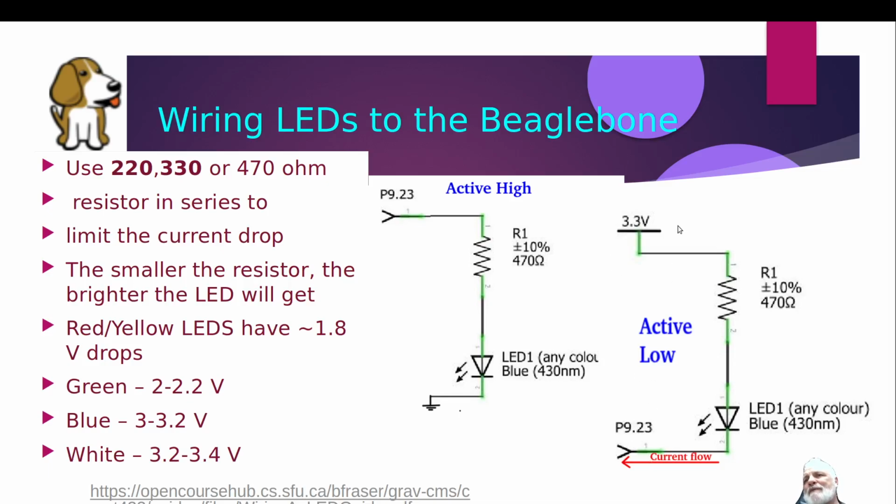They're the same, so there's no current flow. Right? To have current flow, you have to have a difference of voltage. So if I just wired this to 3.3, and then the pin was high, that would be what we call an active low. When the pin was high, you would have no light, and when the pin went low, the light would come on.